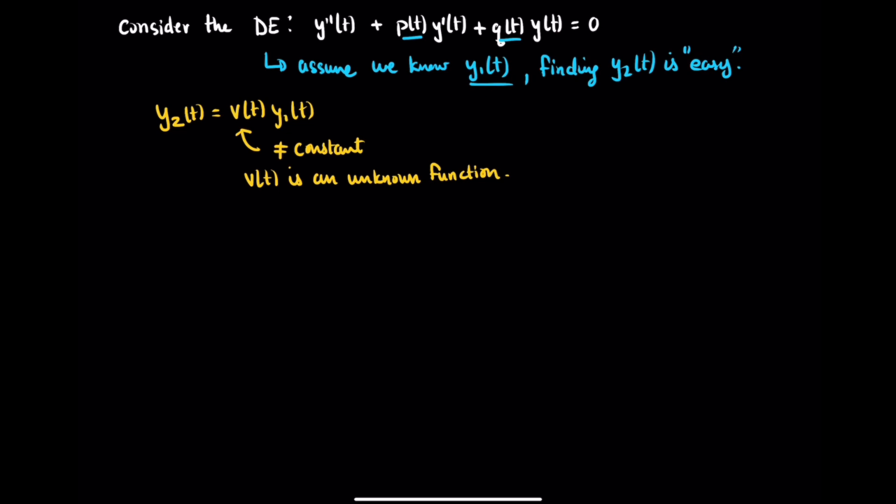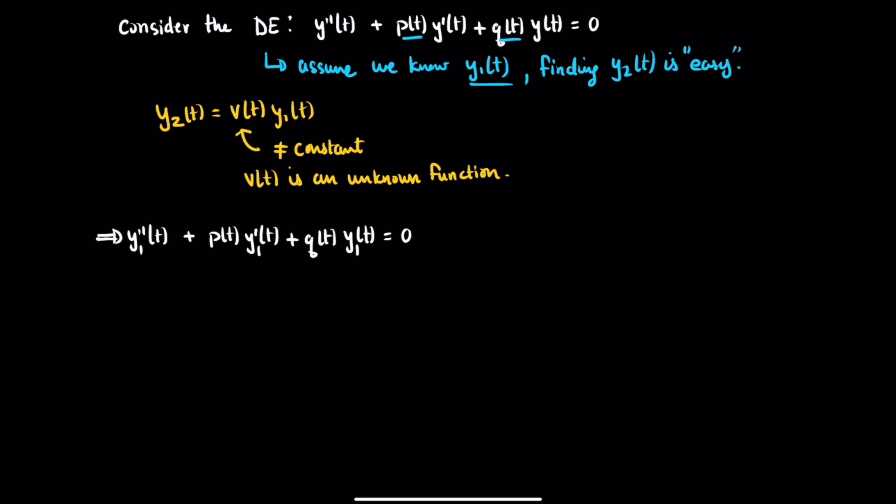So now we know that since y1(t) is a solution to the differential equation, if I take this differential equation, it is satisfied. Since y1 is a solution, this is satisfied.